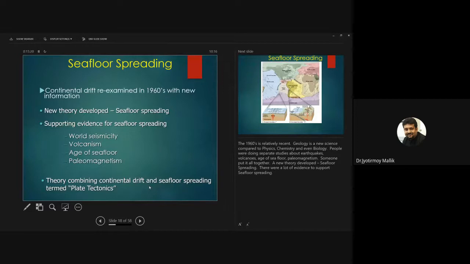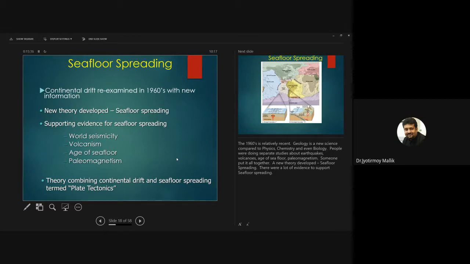Combining continental drift and seafloor spreading, we term it plate tectonics. The 1960s is relatively recent. That is where seafloor spreading was proposed.